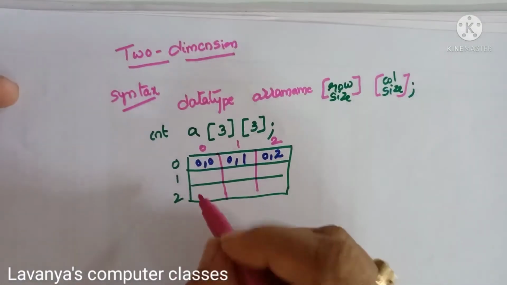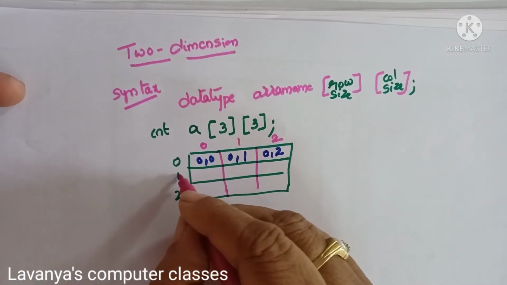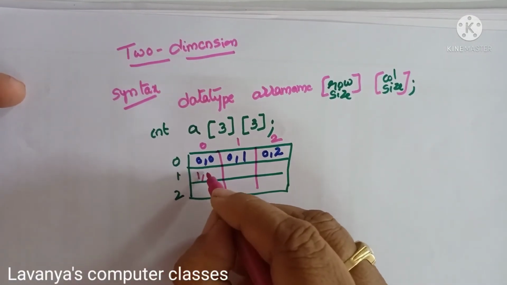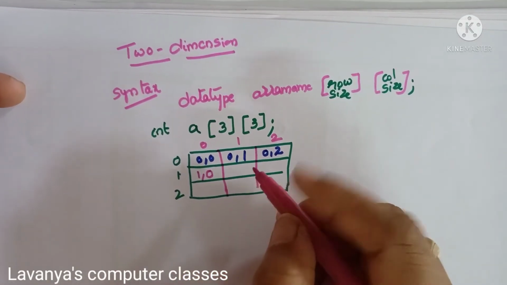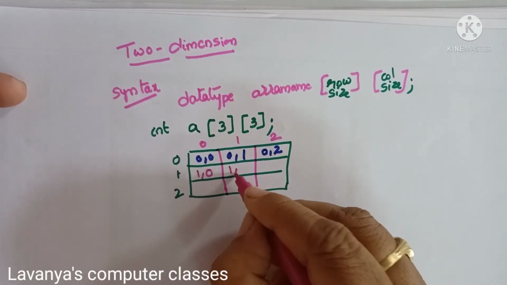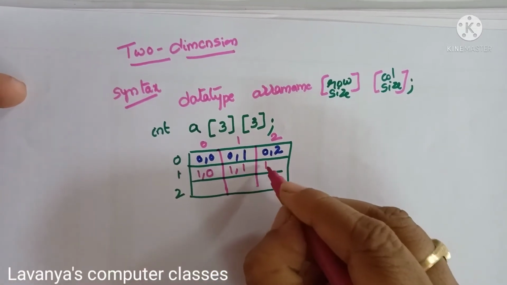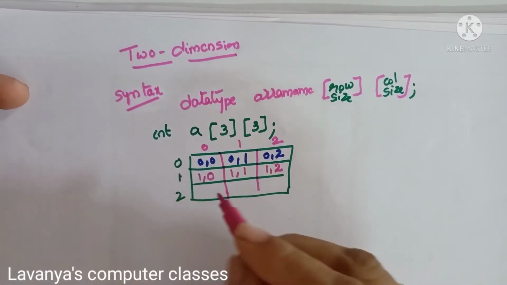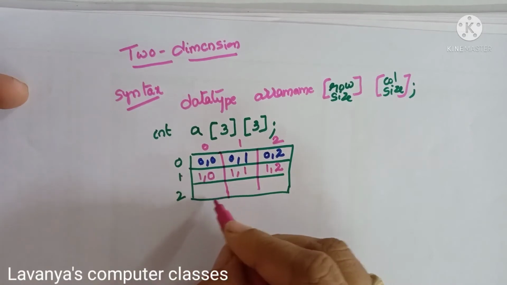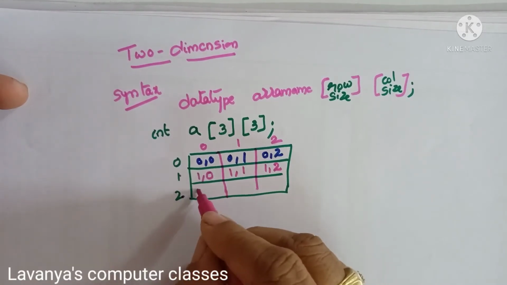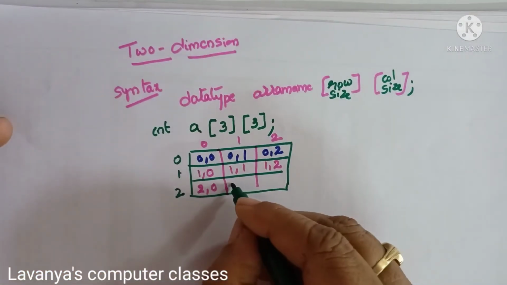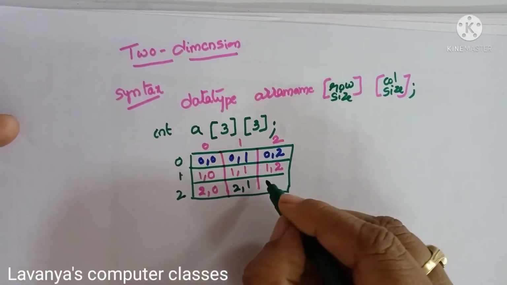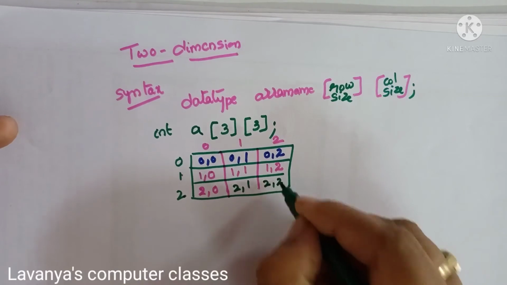Similarly, this is first row, 0th column. First we write the row address, then the column address. This is the first row, first column; first row, second column. What is the address of this location? It belongs to second row, 0th column; second row, first column; second row, second column.